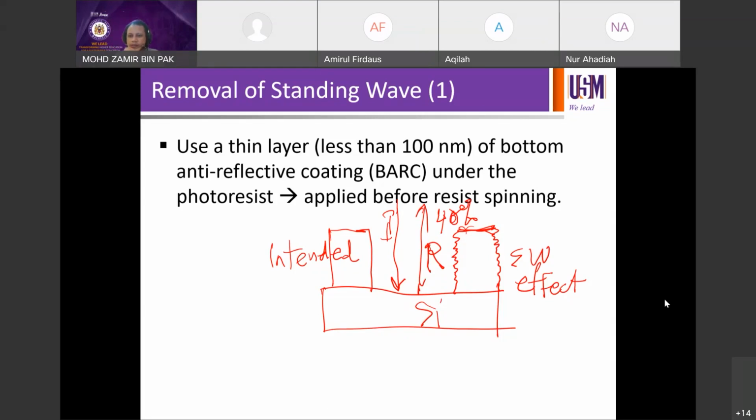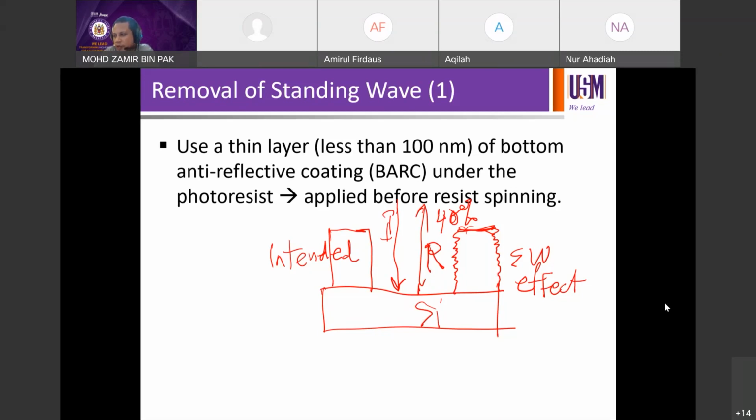Why does silicon have a very high reflection, in this case about 40% reflection? Why does silicon have high reflection? Now the issue is standing wave. Due to reflection of the light, that results in formation of vertical ridges on the resist patterns. So before we discuss the solution, why is it high reflection?